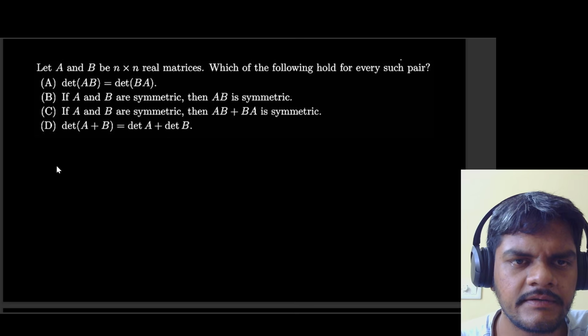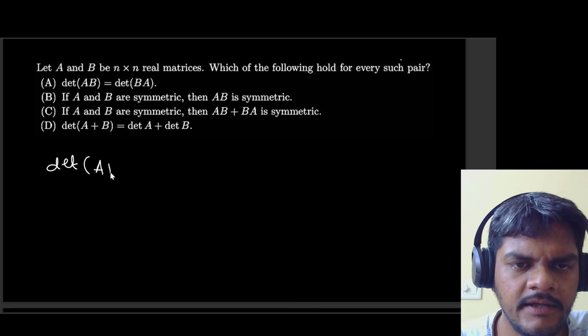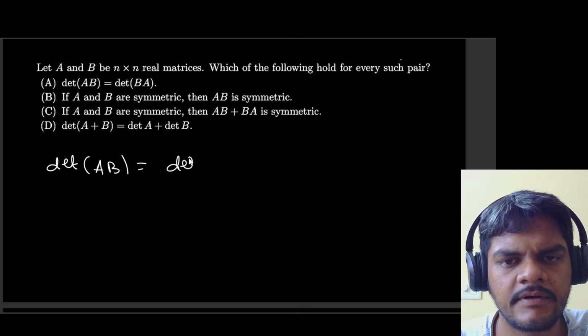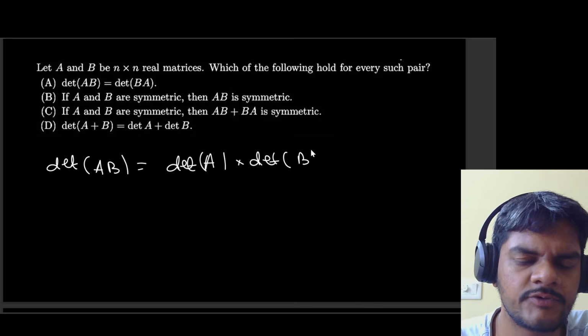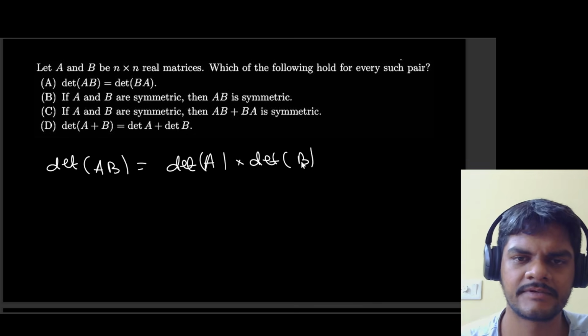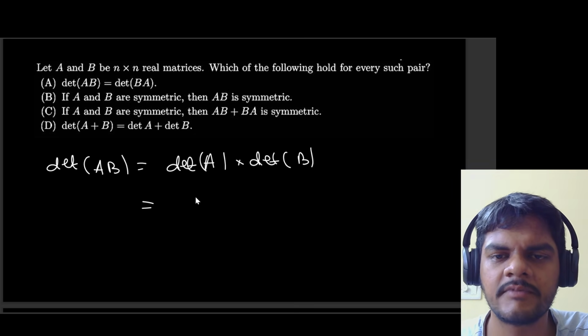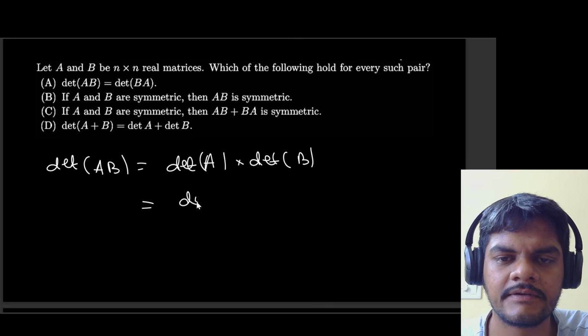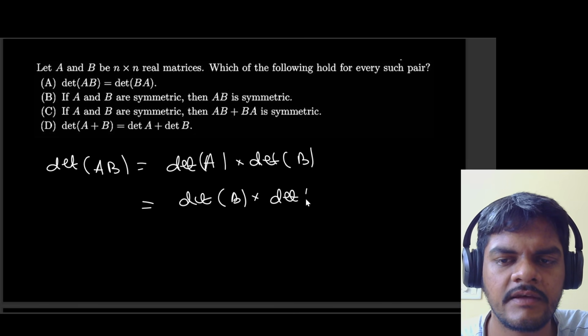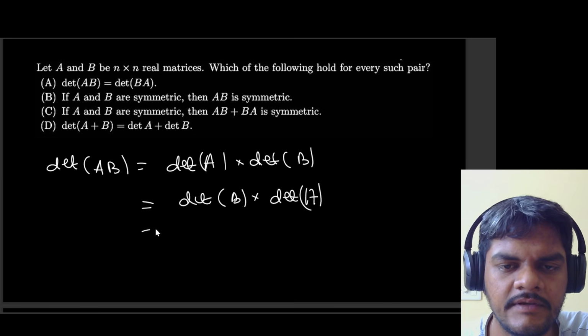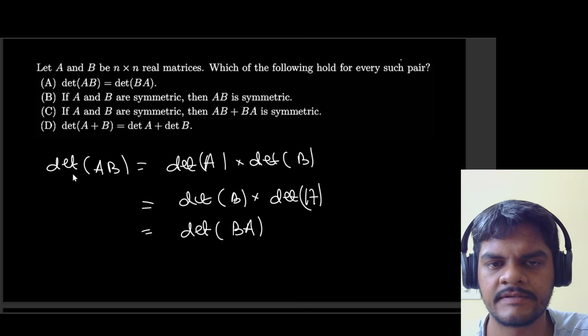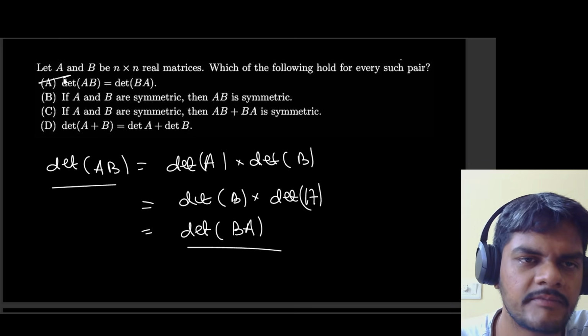We know one thing, that determinant of AB is equal to determinant of A into determinant of B. This is a multiplication of real numbers, so you can make them commutative. That will be determinant of B times determinant of A. These two are equal. It's no problem.